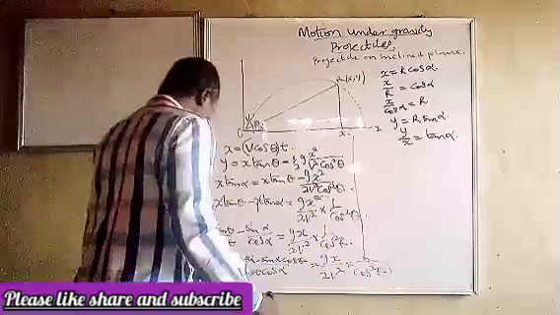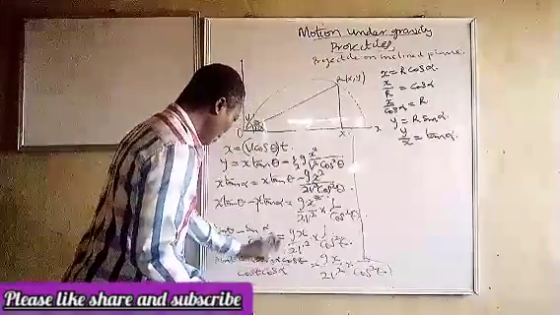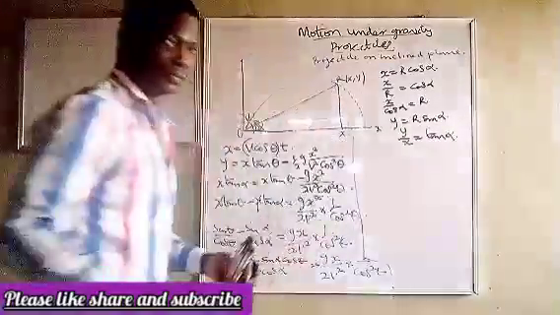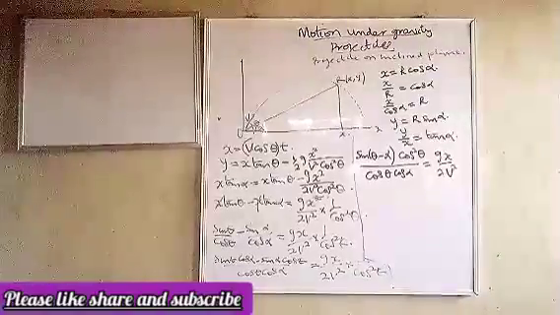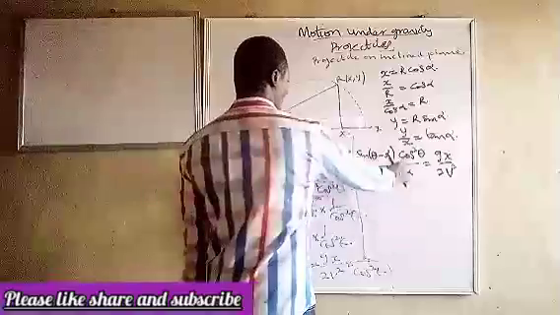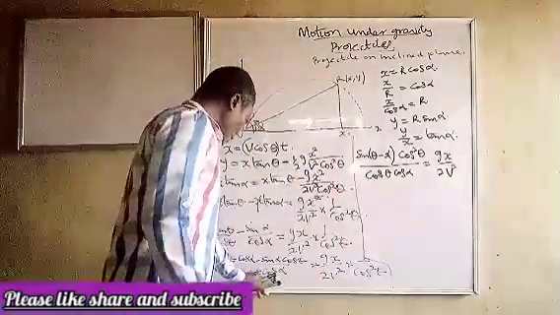If you look at this, it's an identity for sin of theta minus alpha. So we have sin theta minus alpha cos squared theta over cos theta cos alpha.